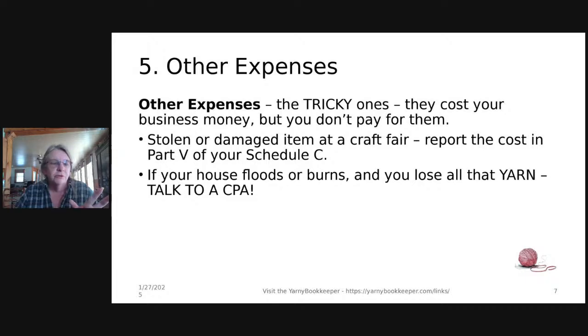Okay, I'm not going to give you tax advice on that. But when you report something that is stolen or damaged, you can only deduct what it cost you to make the item that was stolen or damaged.